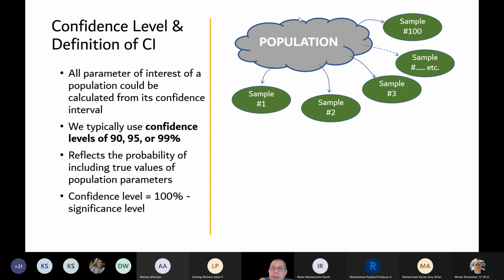Again, please distinguish between number of samples and sample size. The green ones, these are individual samples, the green bubbles, and each sample consists of a certain number of sample members. So we have 100 samples, each consisting of n members.